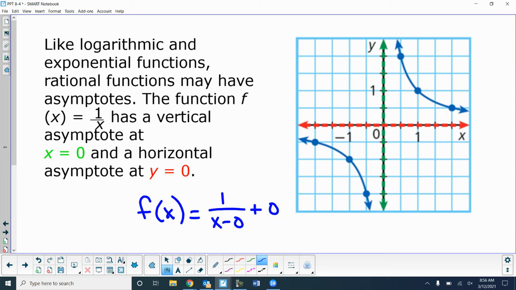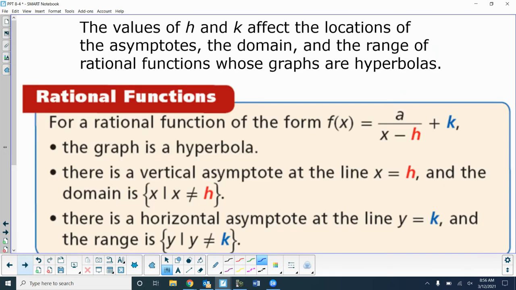They'll just write it like this. So again, vertical asymptote, horizontal asymptote. When it's written in that form, you should be able to tell me just by looking at it. Does that make sense?